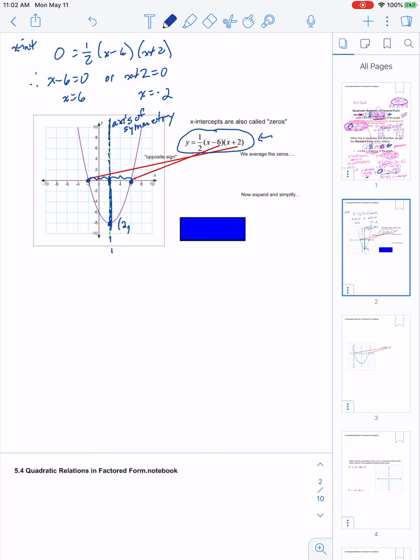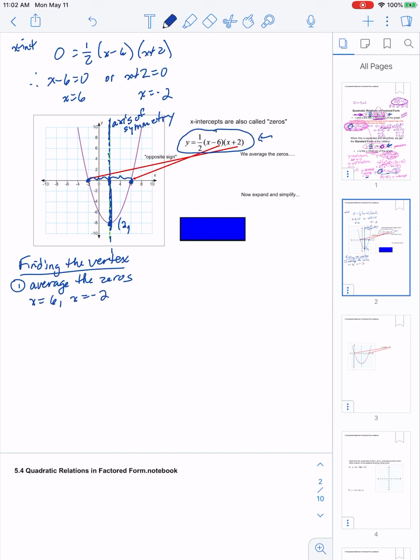All right, so we do this. For finding the vertex, step number 1, you average the zeros. So in this case, my zeros are x equals 6 and x equals -2.